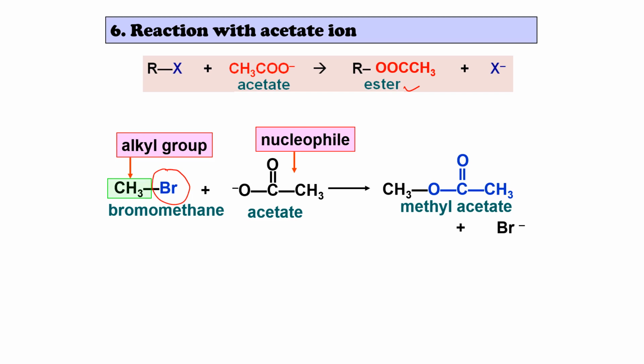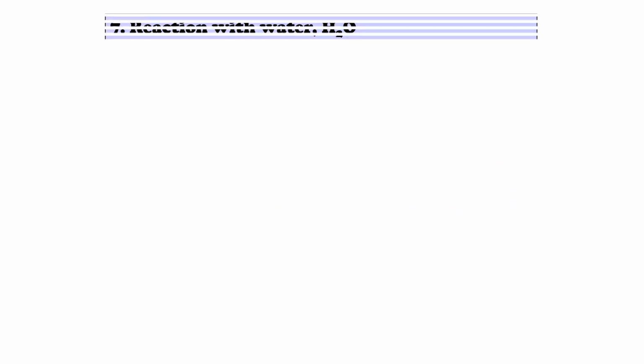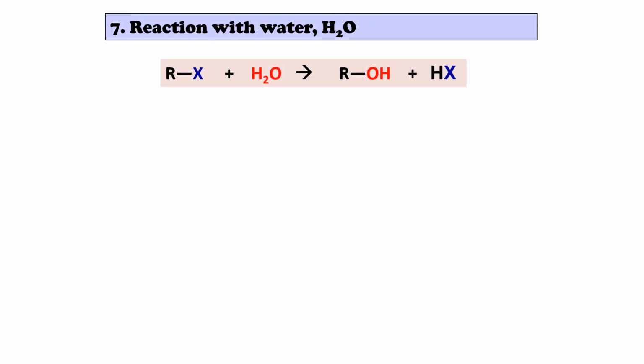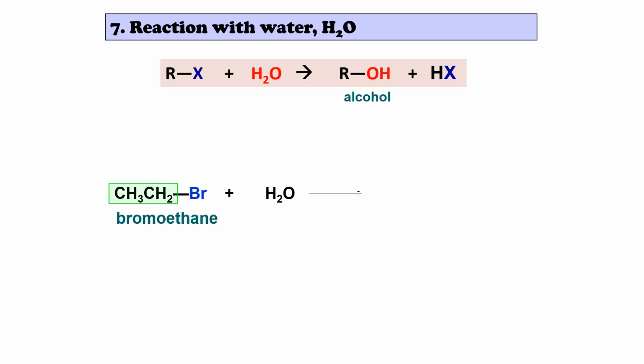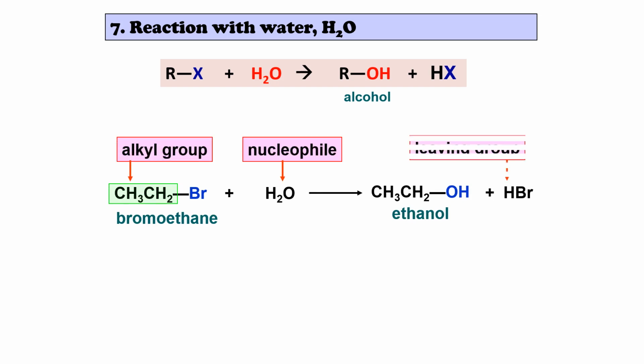So the product is ester and Br minus as a leaving group. Last, reaction with water. When RX reacts with water, the product is alcohol and HX as a leaving group. For example, bromoethane reacts with water, so the product is ethanol and HBr as a leaving group.